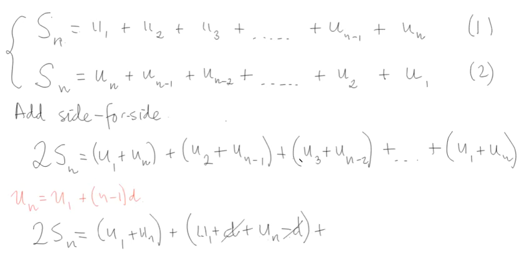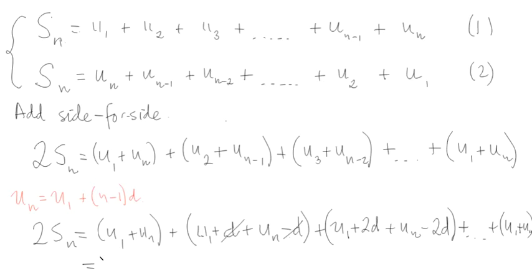Likewise here, this term simplifies to u1 plus 2d, and then plus the n minus 2 term is plus un, the nth term, take away 2 lots of d, plus, and then we've got that last term again.